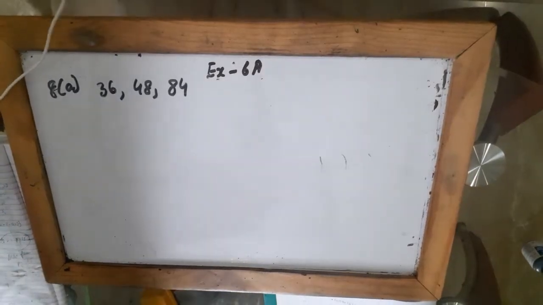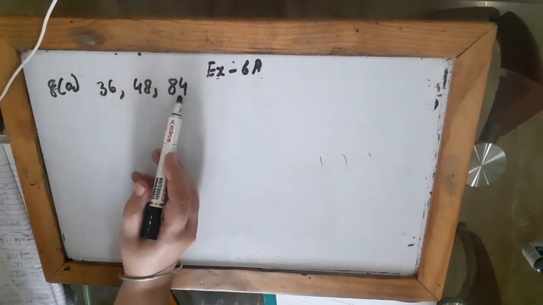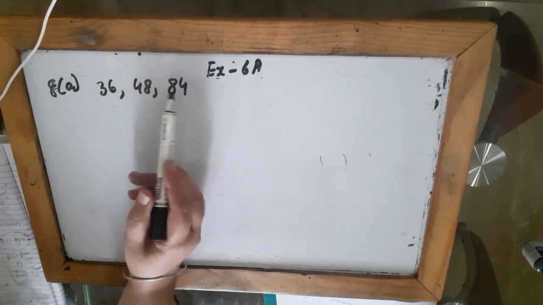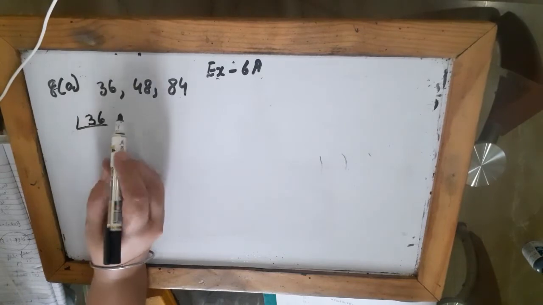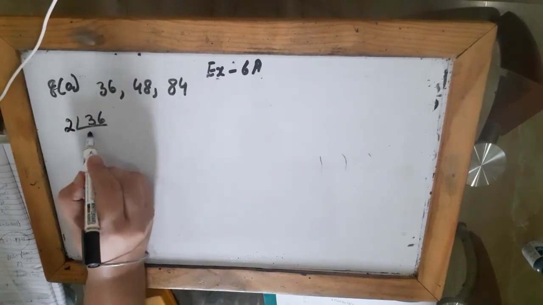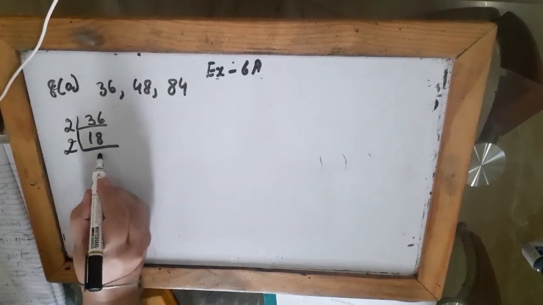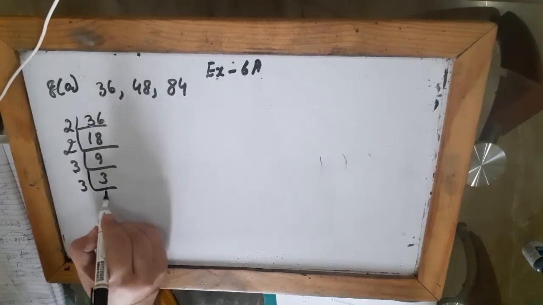Now students, how to find the HCF by prime factorization if you have three numbers given. Previously I have taken the examples where only two numbers were given. Now this time I have three numbers. So using the prime factorization method, I have to find out the prime factors of all these three numbers. 2 18s are 36, 2 9s are 18, 3 3s are 9 and 3 1s are 3.